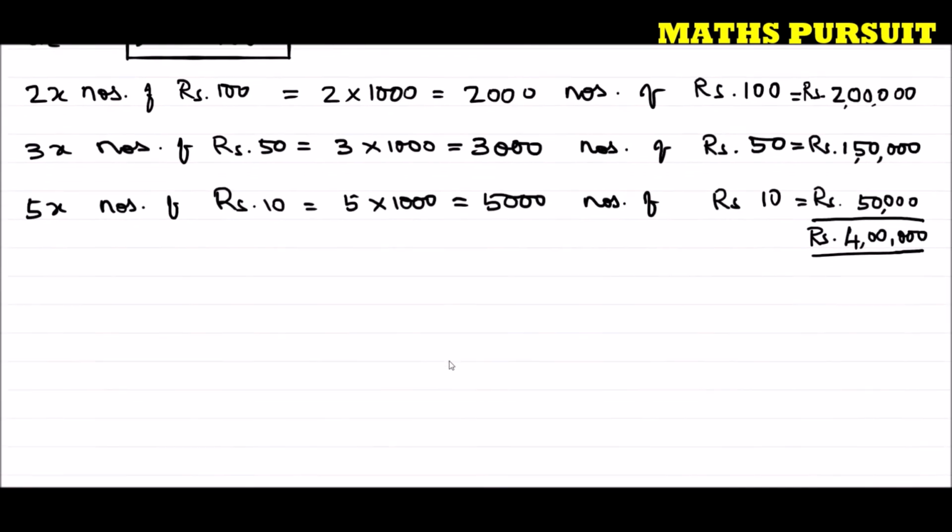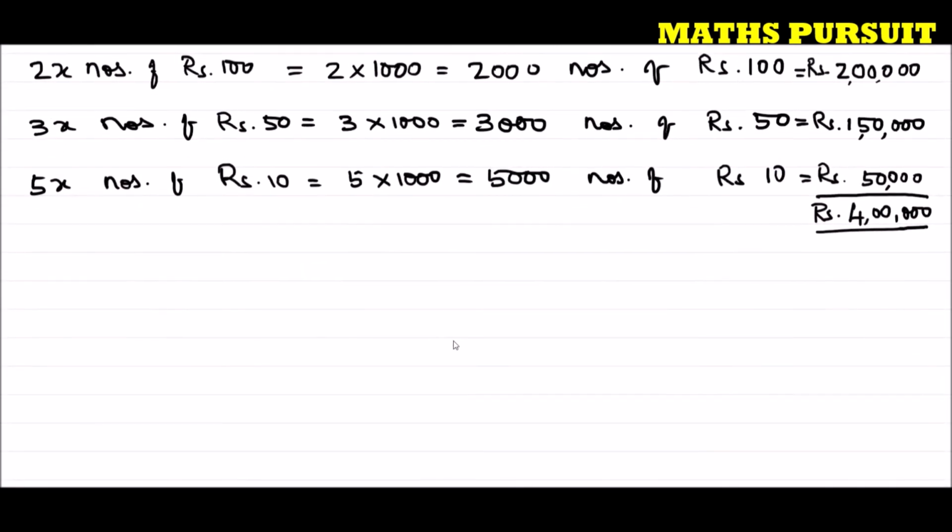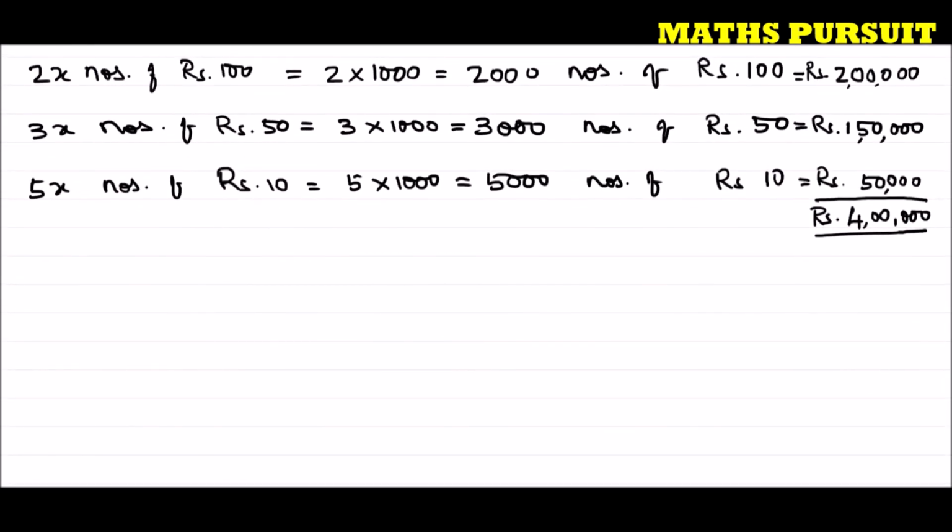Now we can put our concluding answer. We got 2000 numbers of rupees 100, 3000 numbers of rupees 50, and 5000 numbers of rupees 10.